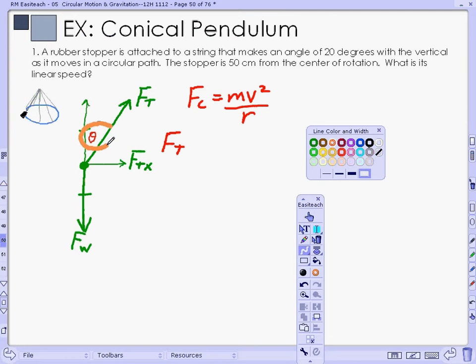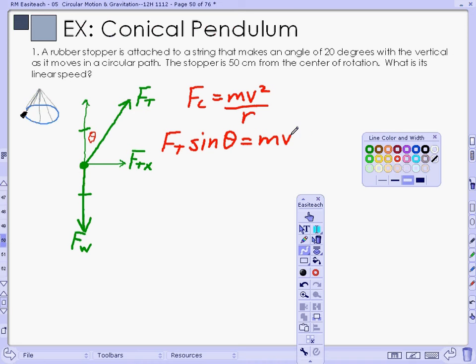I'm going to write that as F_T sine theta. Now, some of you are thinking, wait, I thought horizontal was always cosine. It's not always cosine. In this case, it's sine because the side we're interested in is opposite the angle theta. If I pick it up and move it to make a right triangle out of it, you can see that. So F_T sine theta equals mv squared over r.